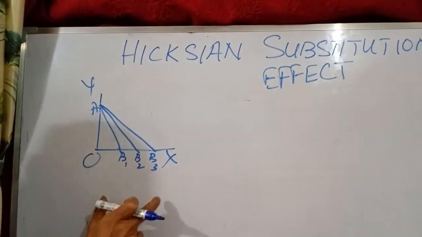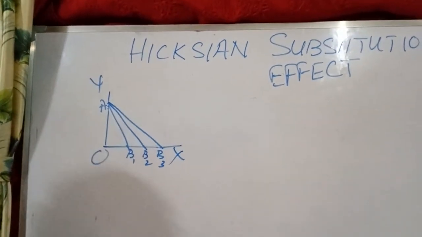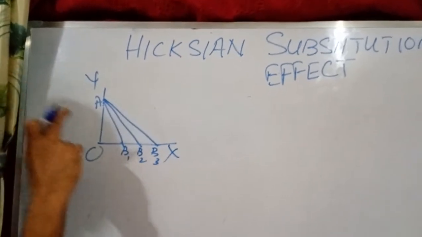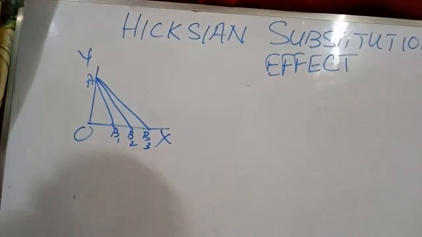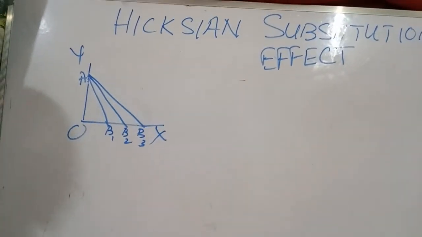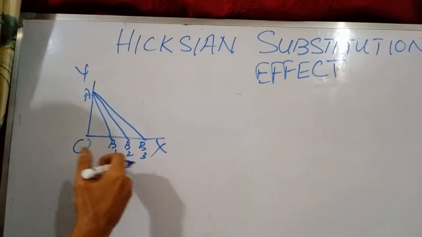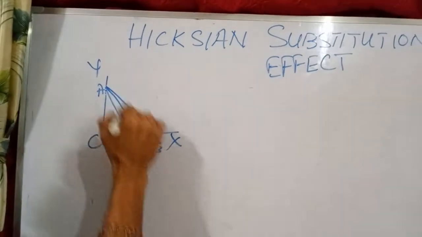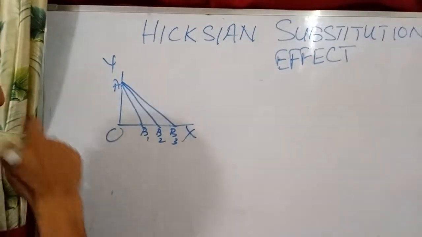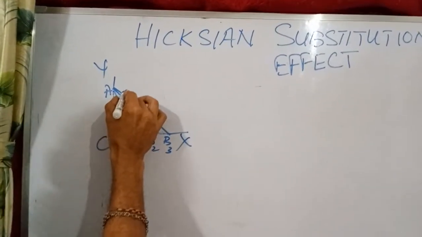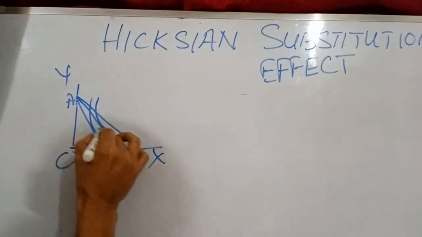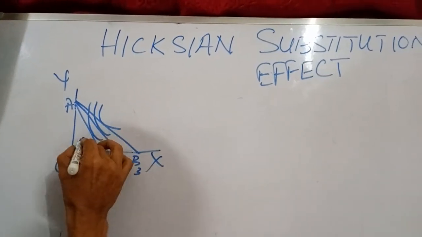As price of X falls and money income and price of Y remain unchanged, the real income of the consumer increases and the consumer moves to successively higher budget lines, that is AB1, AB2 and AB3. Accordingly, he moves to higher indifference curves and higher equilibrium points.